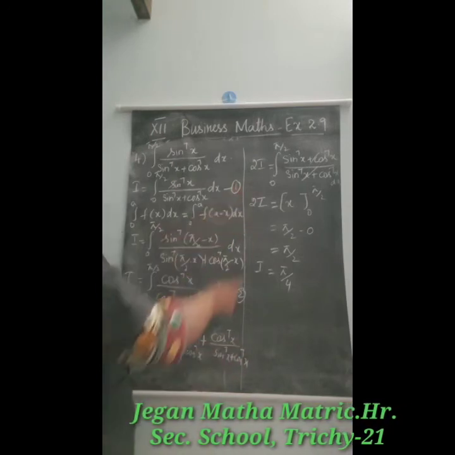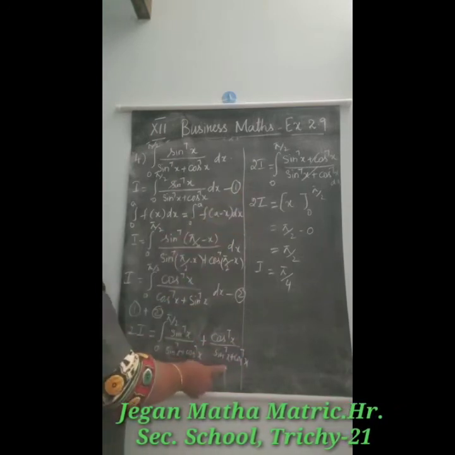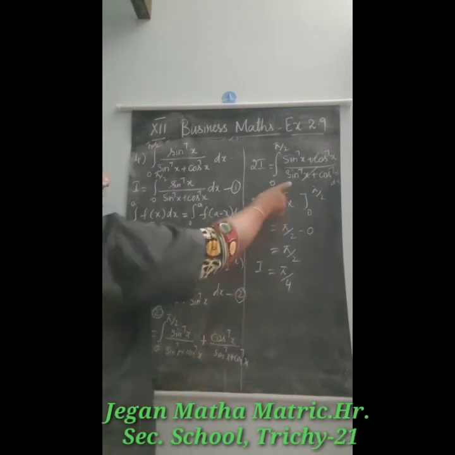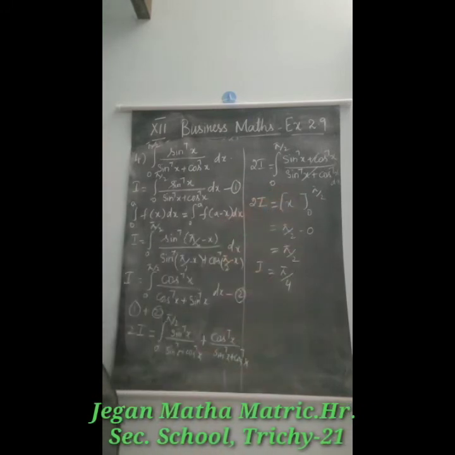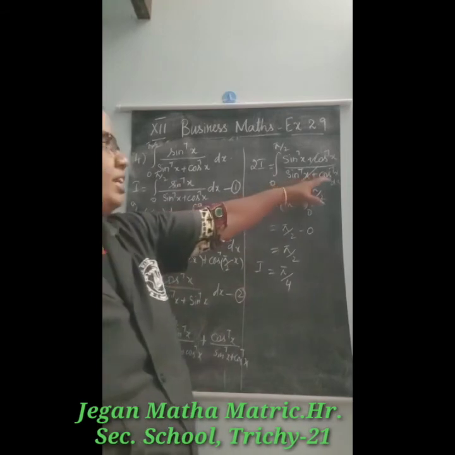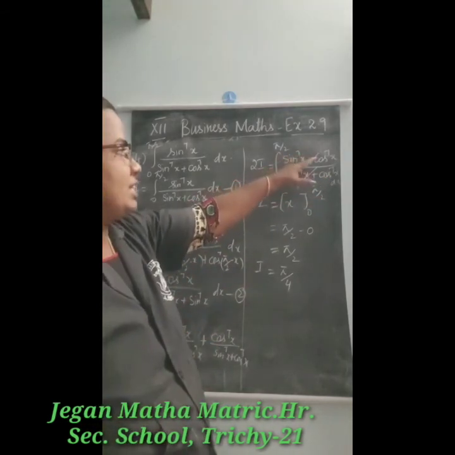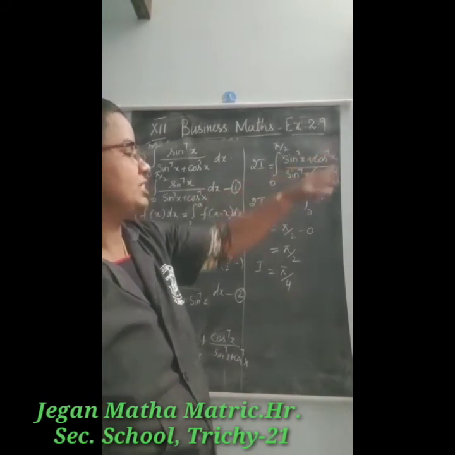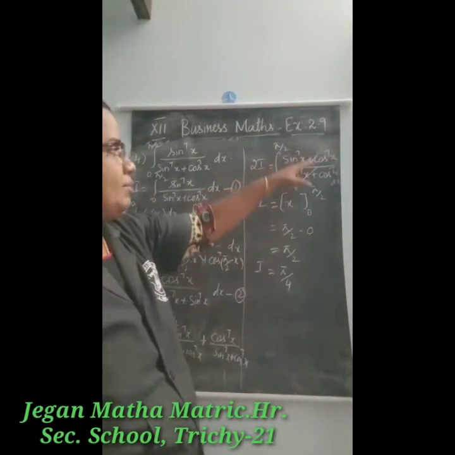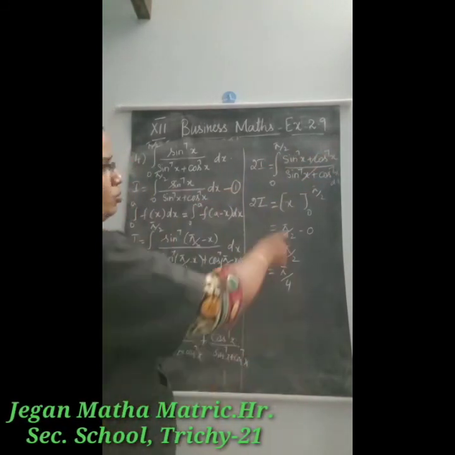So 2I is equal to, taking the common denominator sin power 7x plus cos power 7x, we add the numerators sin power 7x plus cos power 7x. So the numerator and denominator cancel, and we get 1.